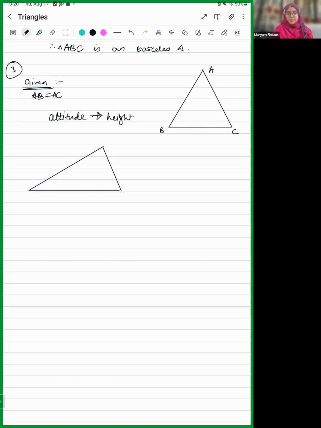So altitude is the height, meaning that the altitude forms 90 degrees with the base. Okay. Acha, how many altitudes can we have?